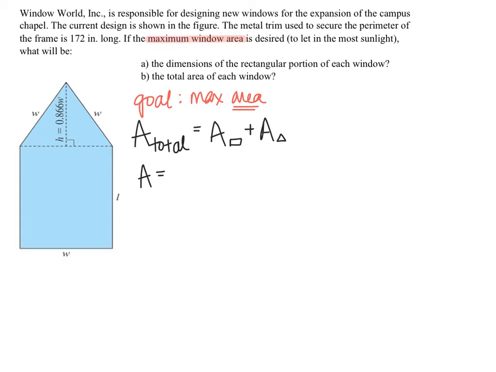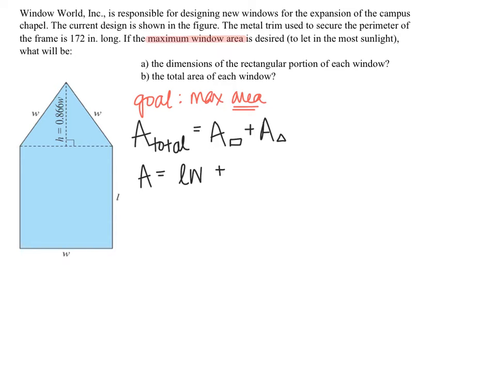So if we begin with the rectangular portion here of the window, the area of a rectangle is length times width, or base times height. And in this case, the width and the length are labeled W and L. So the area of the rectangular portion will just be L times W, length times width. Now we will add that to the area of the triangle.